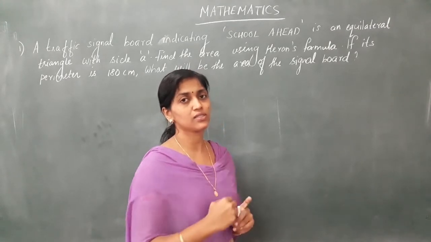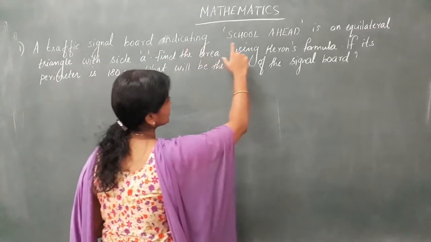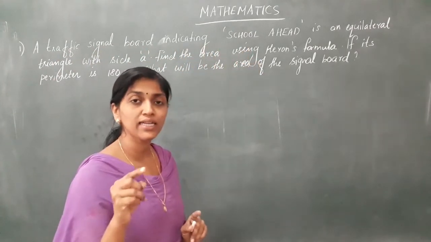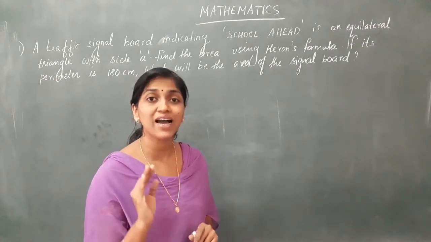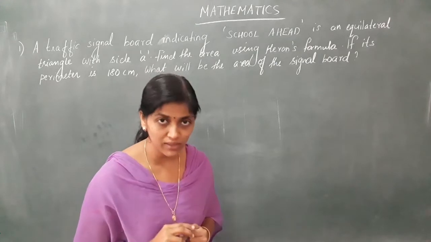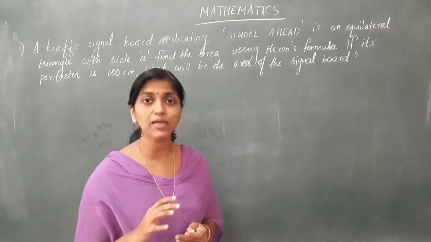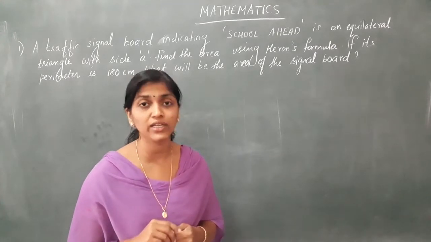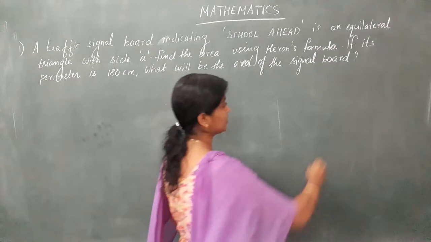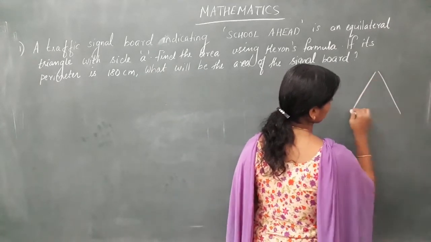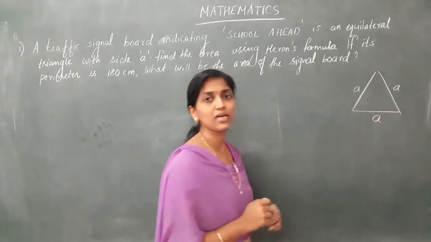So, in this question, you can see the first part of the question is simply we are asked to find the area of the equilateral triangle with side A, which means using this question we will derive a formula for finding the area of an equilateral triangle with side A. So, equilateral triangle means it will be like this, side A. We know what is an equilateral triangle.